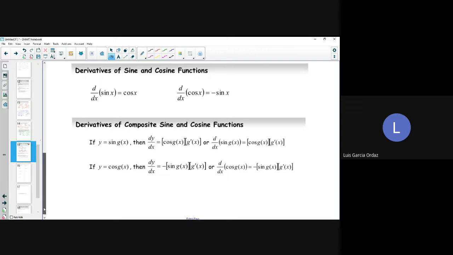And if we have cosine, the derivative is negative sine of g of x times the derivative of g of x. So we'll get through a few examples of these, which shouldn't take too long.